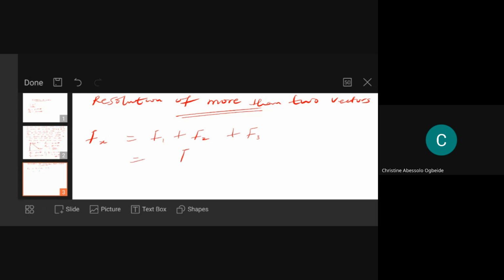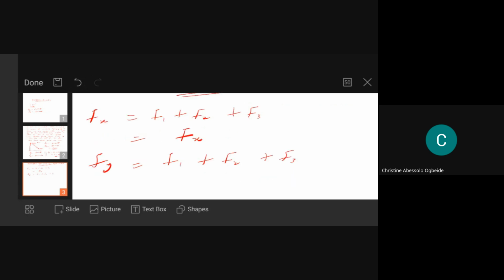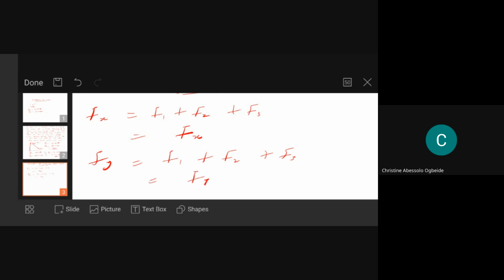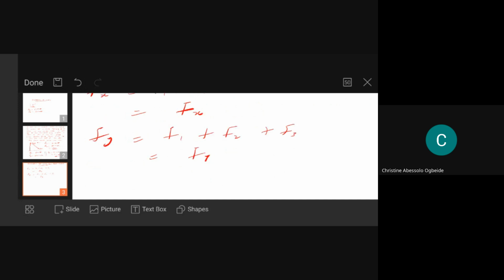Let's call it F of X. Then I added also for the vertical component my F1, F2. I will show you how we add this up. And then after adding up, I get, let me write it as Fy. So these are the outcomes of the horizontal and vertical components respectively.